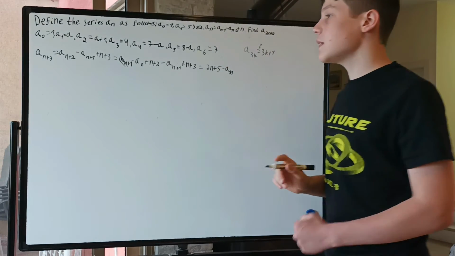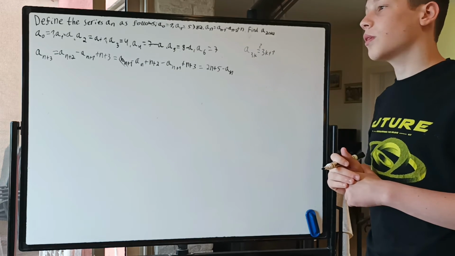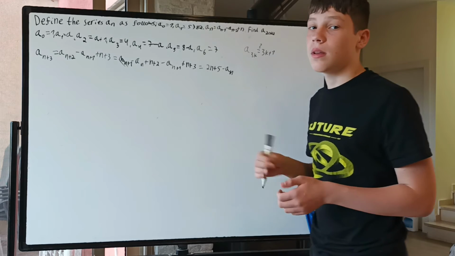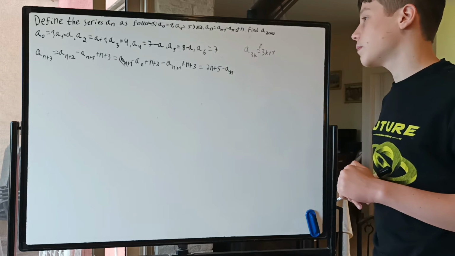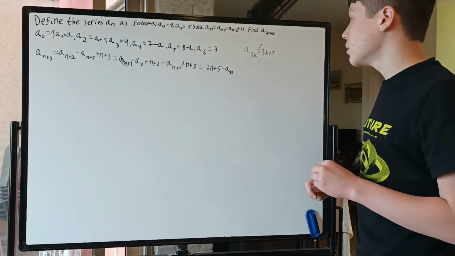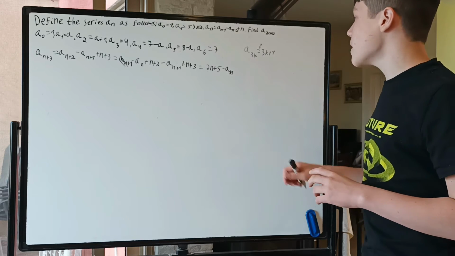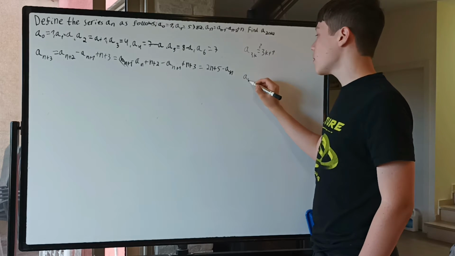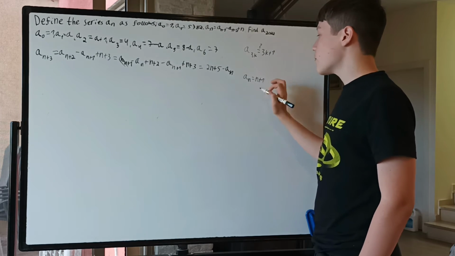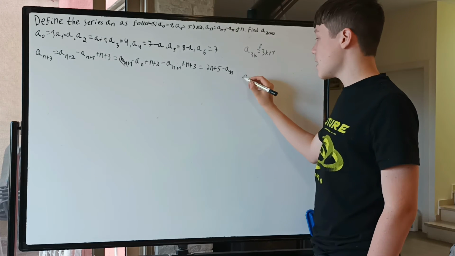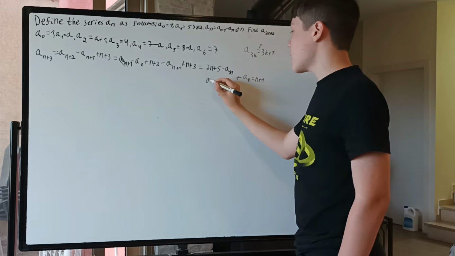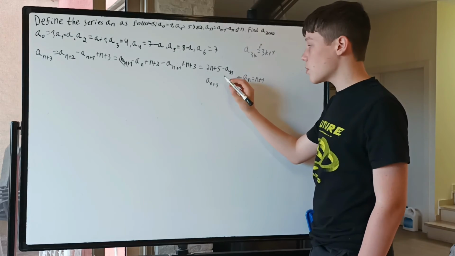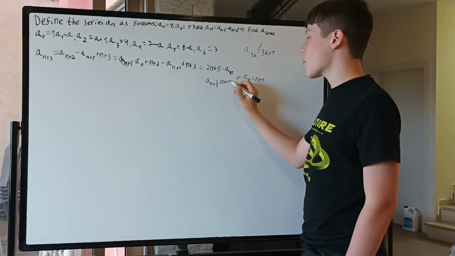Now this seems to be peculiar. But notice, if for some specific n, A_n is equal to n plus 1, then A_{n+3} is equal to 2n plus 5 minus n minus 1, that's n plus 4.